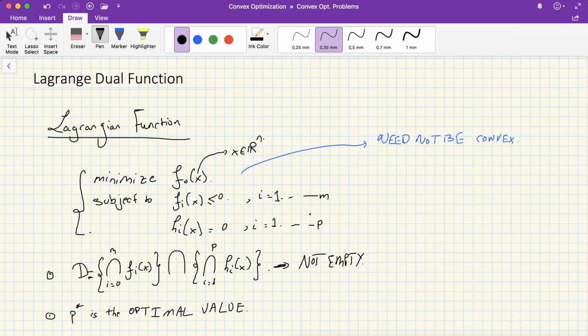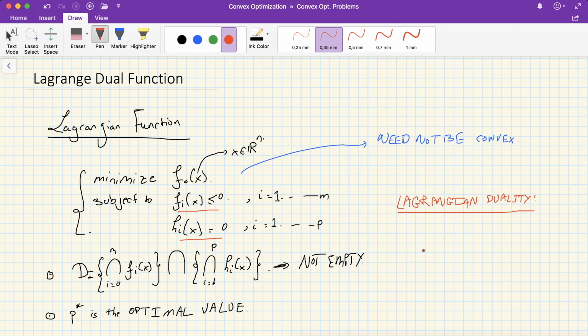So what is the Lagrangian function, or Lagrangian duality in general? Lagrangian duality is to take the constraints in this problem, that is fi of x nonpositive and hi of x equal to 0, and augment them to the objective function as a weighted sum of constraints.